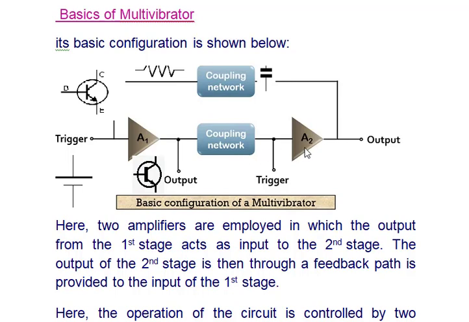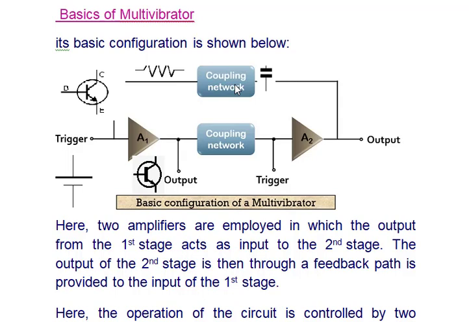Here is one transistor, and here is another transistor. In some multivibrators, the transistor is given the trigger voltage. What is that trigger voltage? It is the external DC voltage applied to the amplifiers using the DC battery.